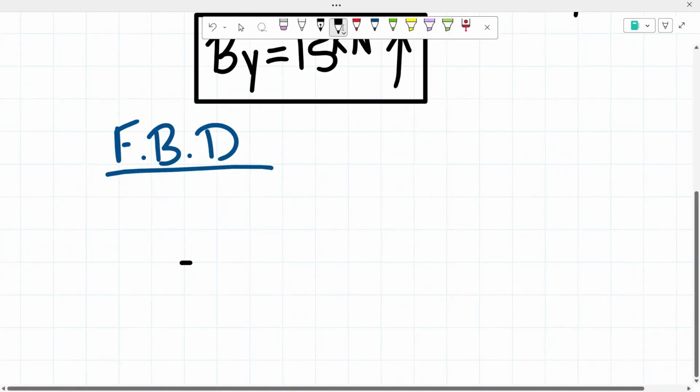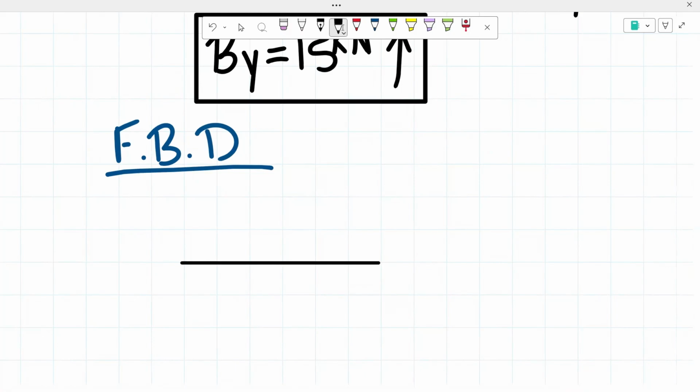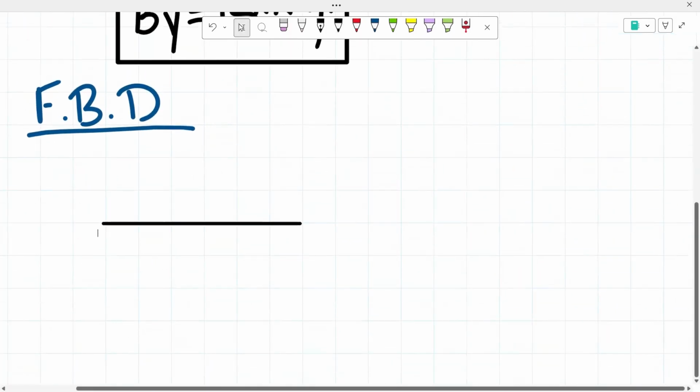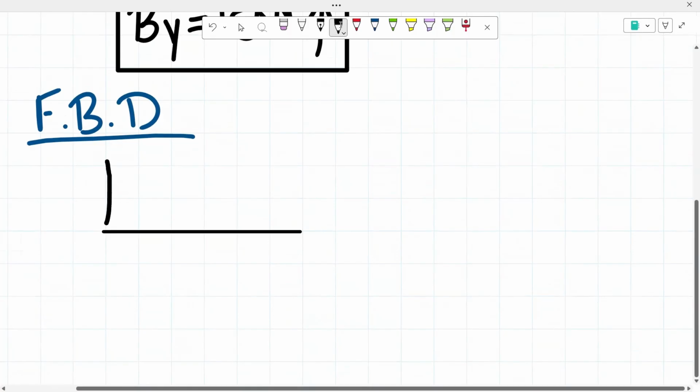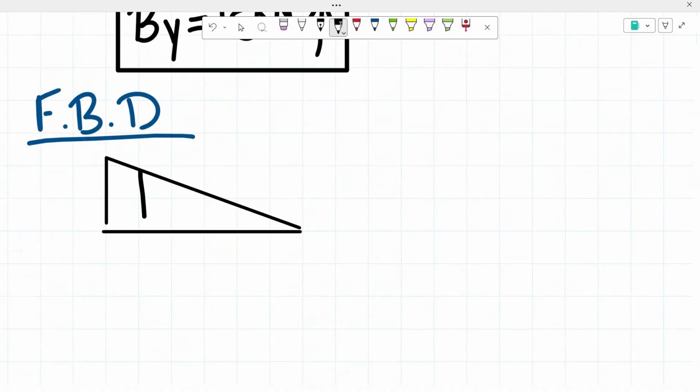So we have our beam. We know that we're going to have this distributed loading going on. Now, from there, we know we already determined our concentrated force and where it's going to be.